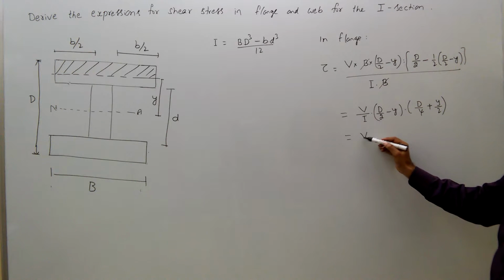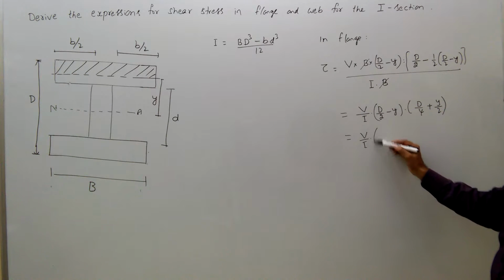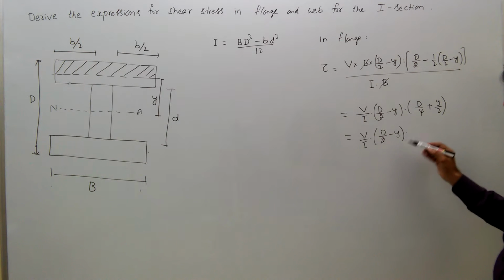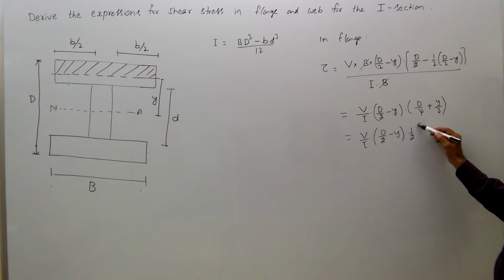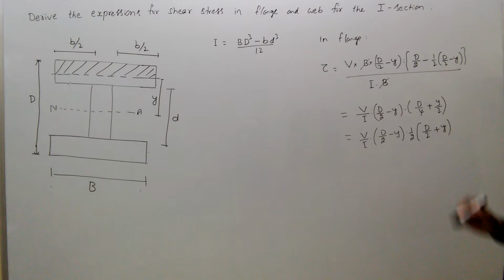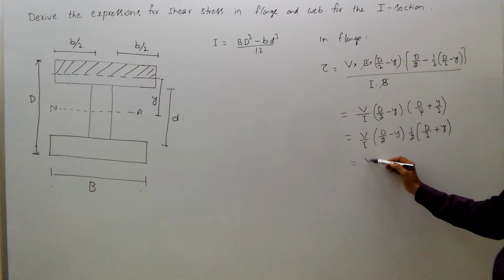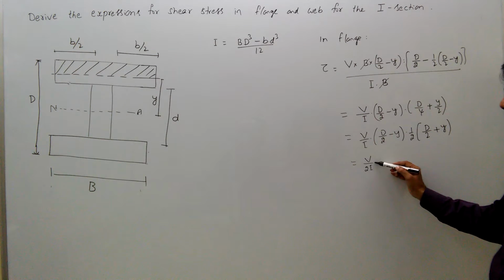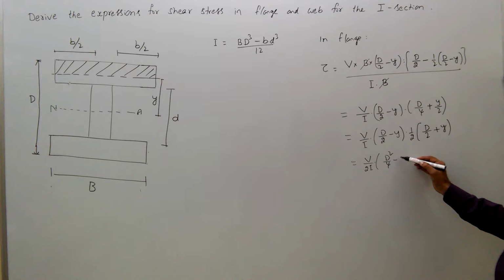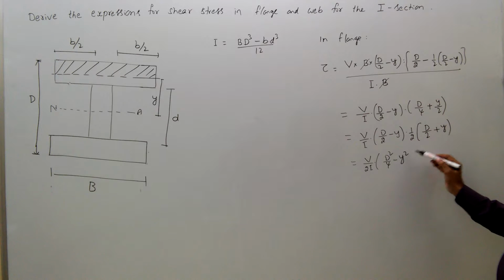That equals V by I into D by 2 minus Y into 1 by 2 taken out, D by 2 plus Y, that equals V by 2I into D square by 4 minus Y square.